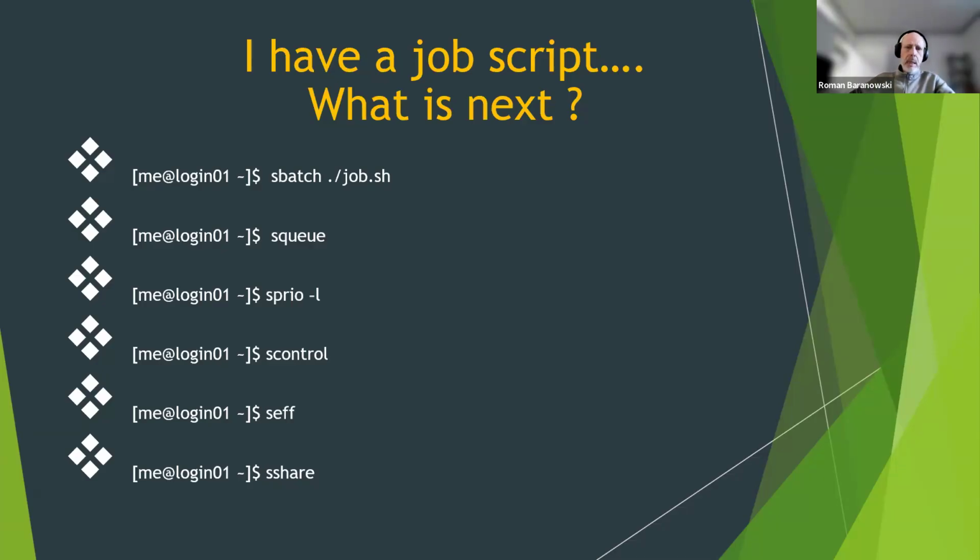And if you would like to first see what is your number of shares, how many shares you have already used, which basically tells you what is your subsequent jobs' priority, there is the sshare command. All of the systems within UBC and within Alliance use a fair share algorithm to schedule the jobs.